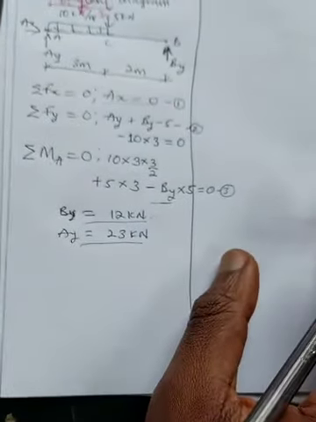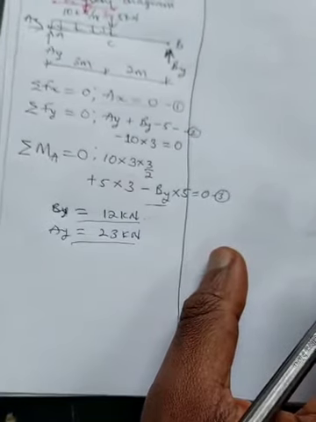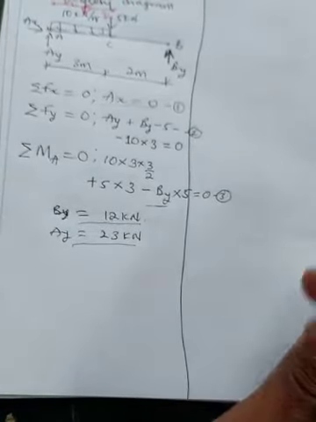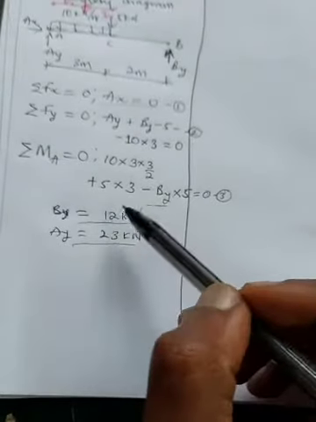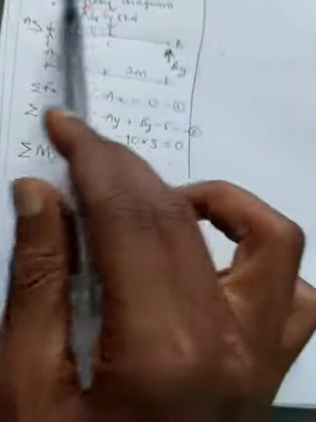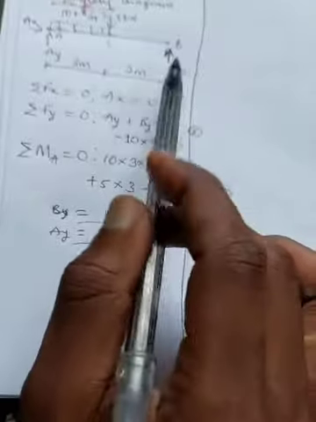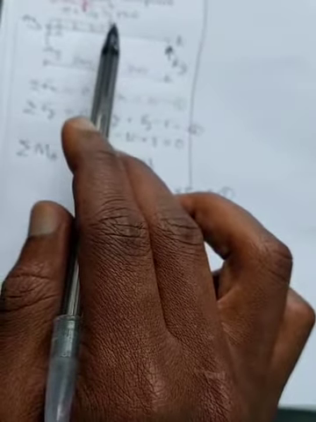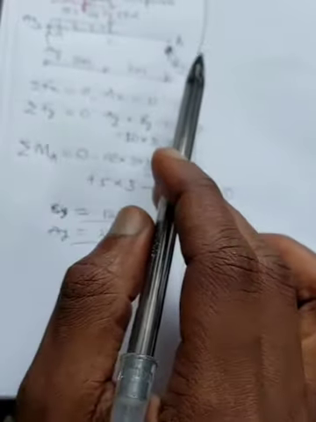Always, once you have found your reactions, it's good to cross-check. By cross-checking, you want to find the moment about a particular point. In fact, it could be any point, such that the moment equals 0.